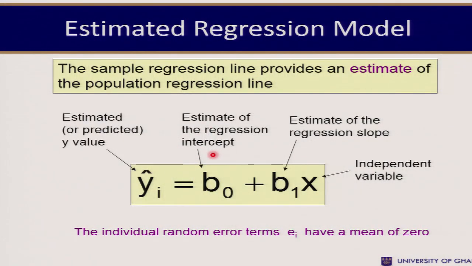Because we are estimating, we are going to have y cap equal to b0, since the beta in terms of the population has changed into b for the sample, which is an estimate of the regression intercept, plus b1, which is also the estimate of the regression slope, times the independent variable x. In this estimated regression, there is no error term. That is, the individual error terms have a mean of 0.